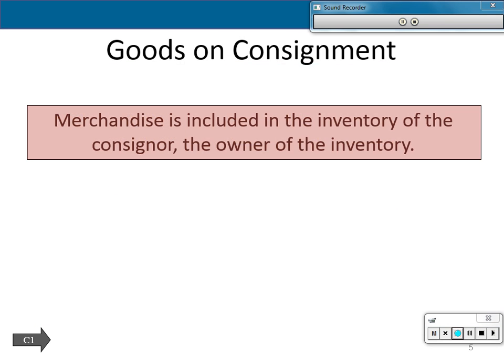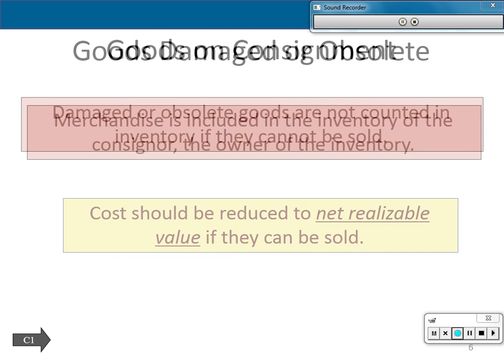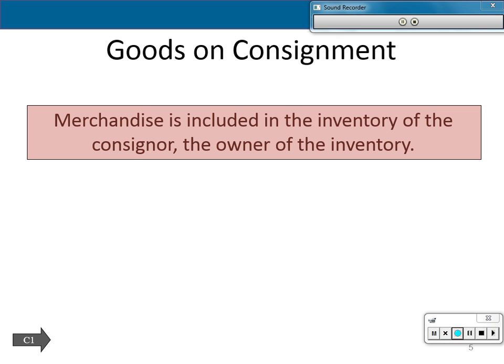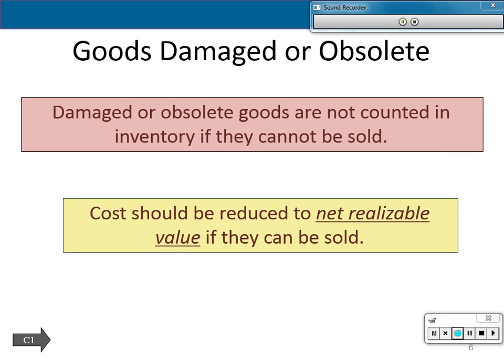Now, goods on consignment. Remember how I said those are the inventory items where they may be in a third party's location, but the owner of the inventory is actually the seller, because it's just sitting there, kind of like storage. It's just sitting there until it's being sold, and once it's sold is when we deduct it from inventory.